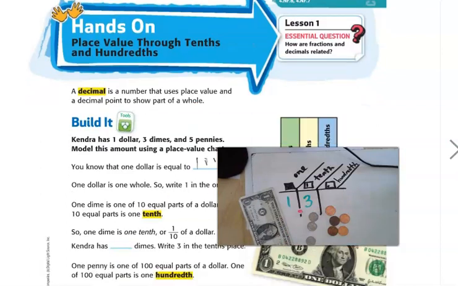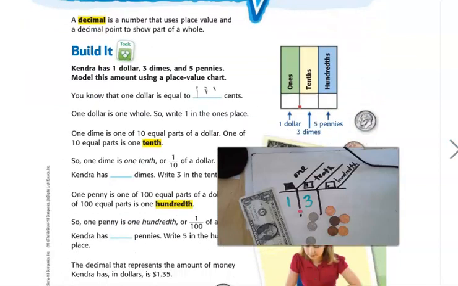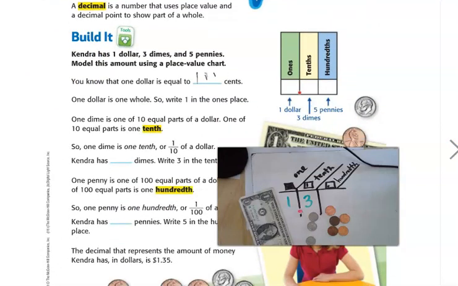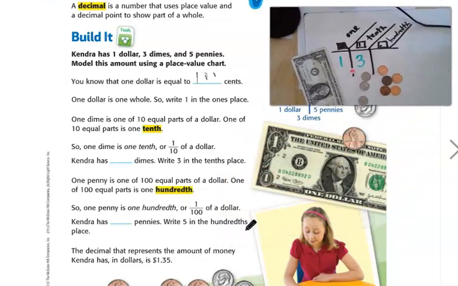1 penny is one of 100 equal parts of a dollar. 1 of 100 equal parts is 1/100, so 1 penny is 1/100 of a dollar.